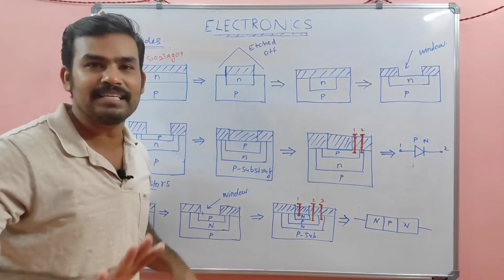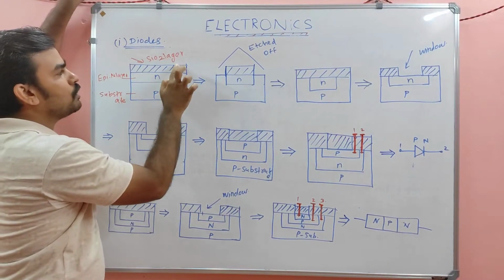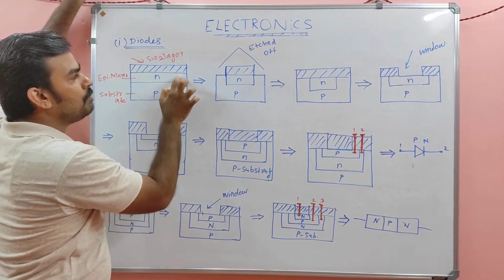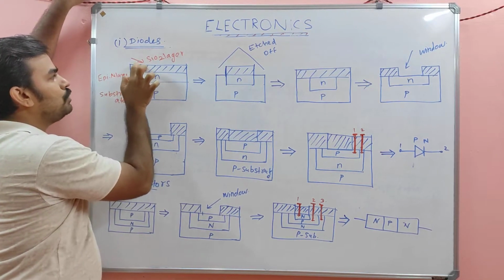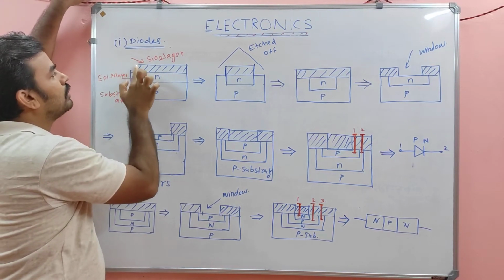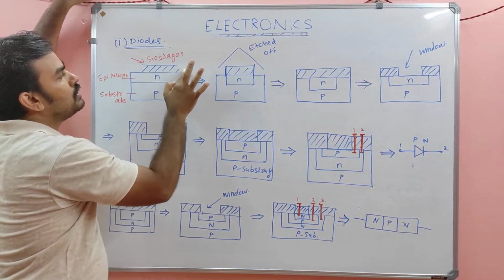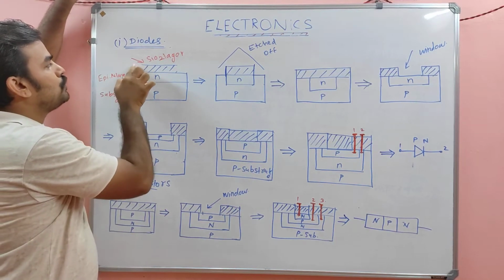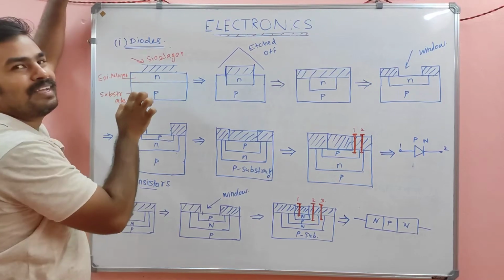Just you wash out the SiO2 layer. That's all the meaning of etching. So if you wash out this corner SiO2 layer, then the below portion will again be the N layer. Okay, for your simplicity I will tell you. So this is the meaning of etching. So if you etch this portion and this portion, the below portion is again N, this also N.